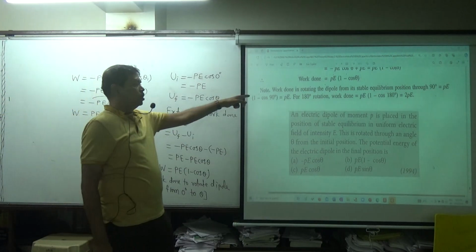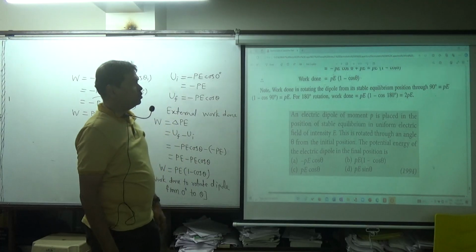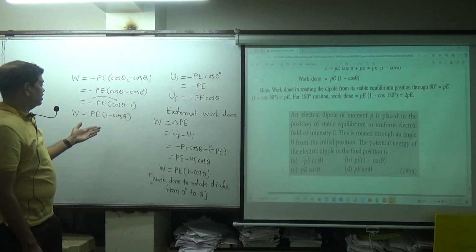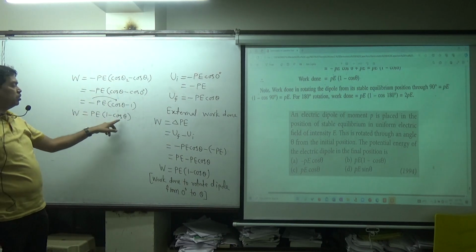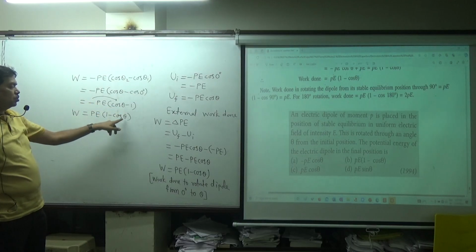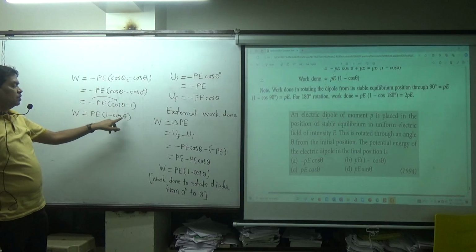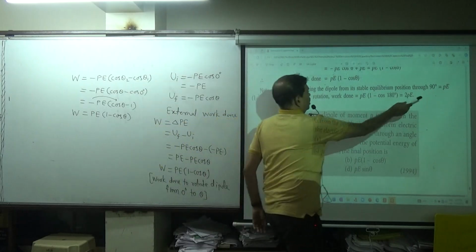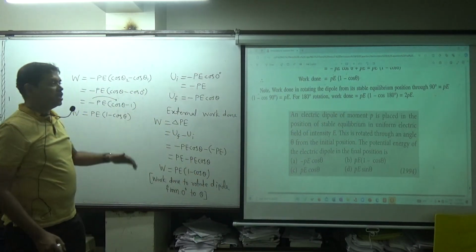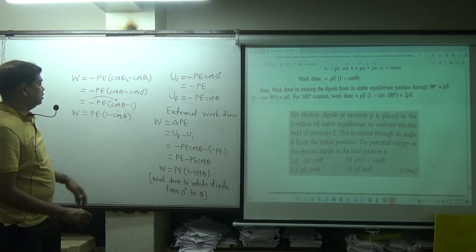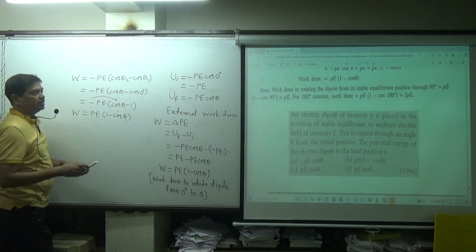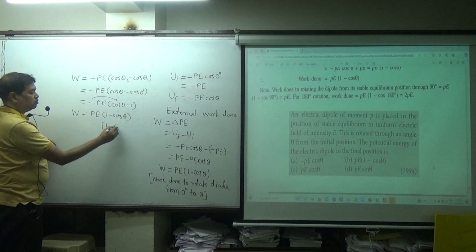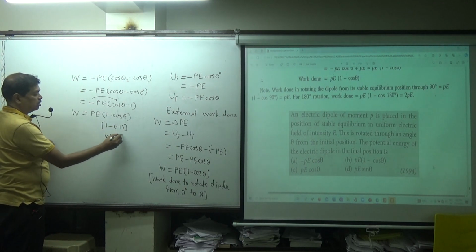Okay, and note work done in rotating the dipole from stable equilibrium to 90 degrees, use the same formula. Stable equilibrium to 90, तो cos 90 कितना होगा? 0. So work done will be P. And from stable to unstable, अगर मैंने रोटेट किया, stable to, मतलब, 0 to 180, then cos 180 is minus 1, 1 minus (minus 1), so work done will be 2P.